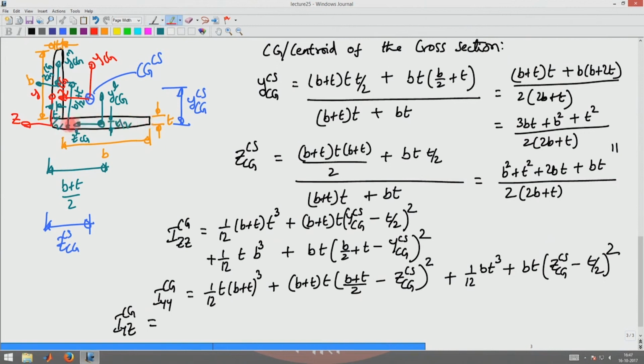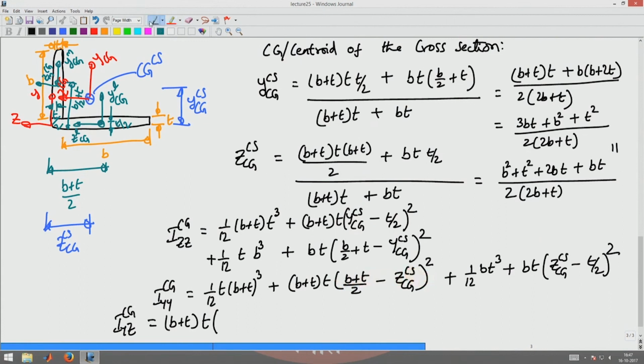So, let us look at what the shift is for this horizontal member, okay. So, it is area (B plus T) into T, because the basic moment of inertia I y z about the center of the cross section is 0 for this orientation of the axis for this rectangular section, right. So, that is 0. So, I am left with only the shifting term. The shifting term for the horizontal leg, you add this and this as the shifting terms.